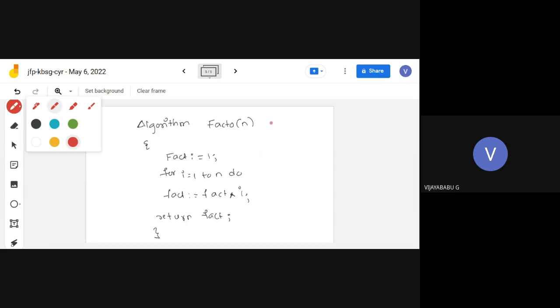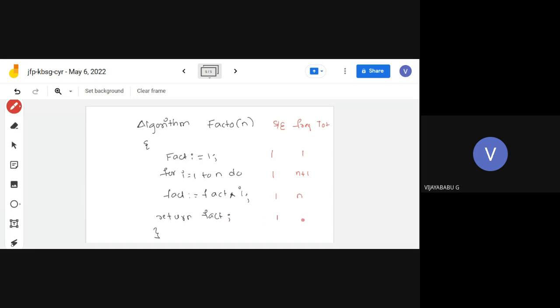Now, let us consider the same thing once again. Steps for execution, frequency, and total. So here, how many steps? One step. How many times? One time. One step, how many times? It is n plus 1 times. The one step under the influence of this for loop will be executed n times.